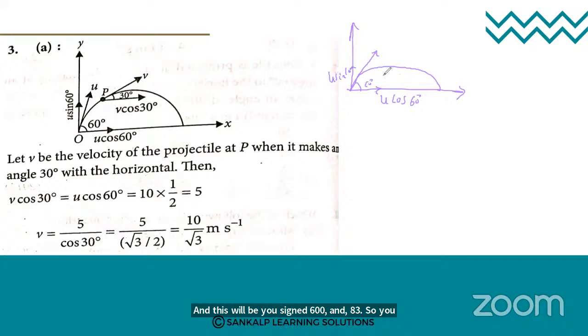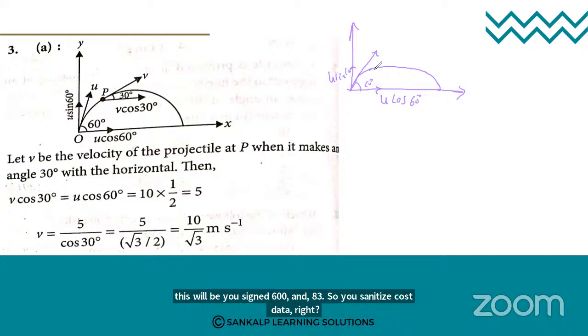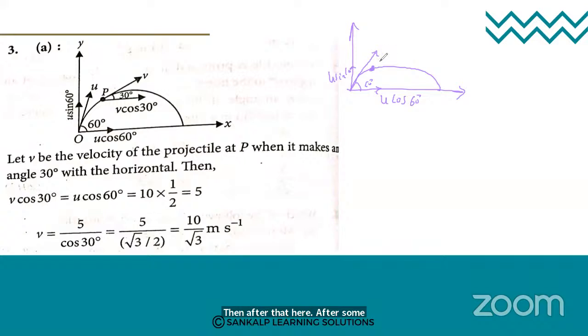After some time, suppose the body reaches a point P, from here they are making an angle of 30 degree with the horizontal.